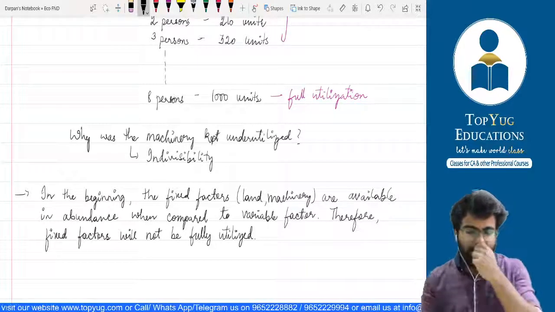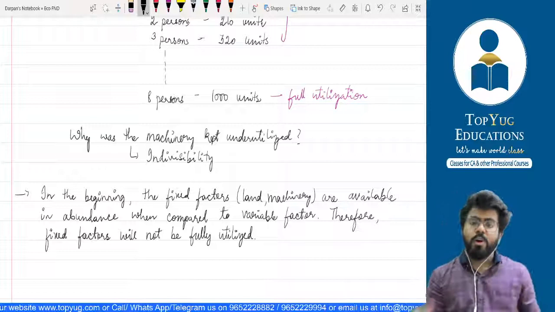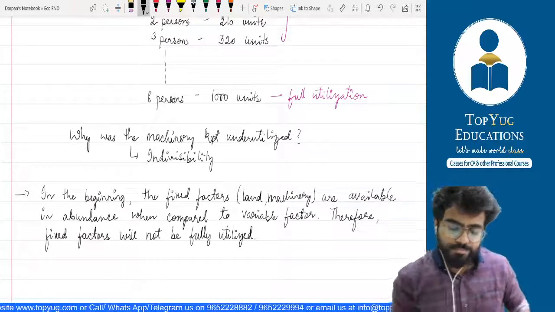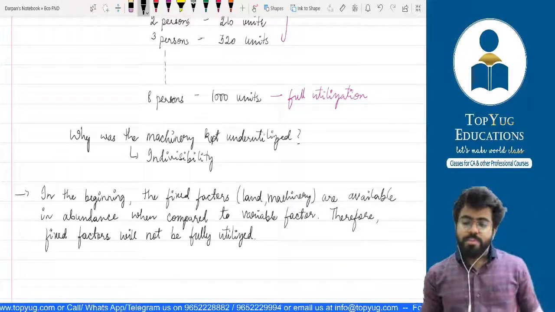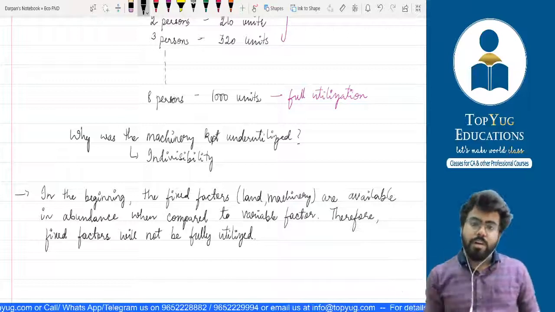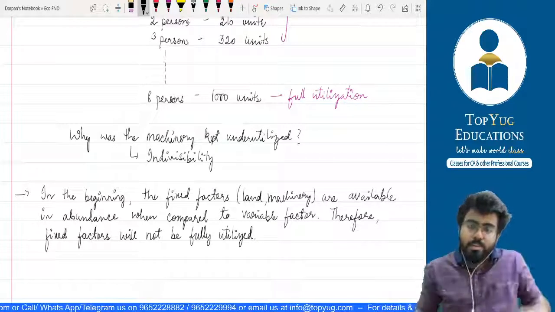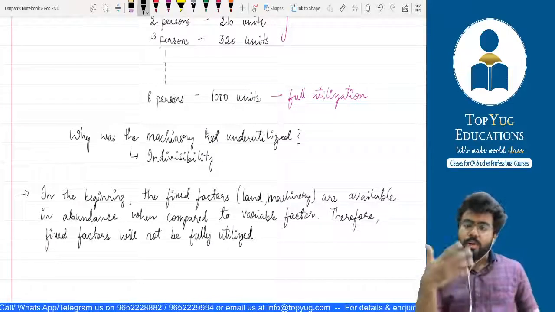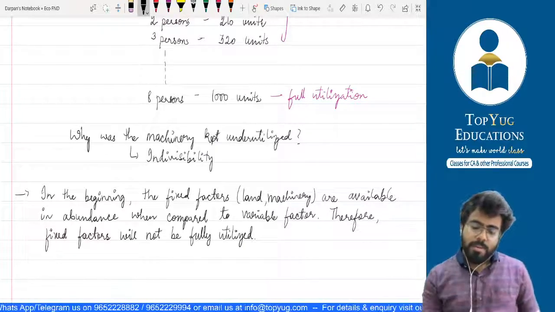Full stop. Therefore, fixed factors will not be fully utilized, correct? Fixed factors are available in abundance, but variable factors are limited with you. So fixed factors are not being fully utilized.